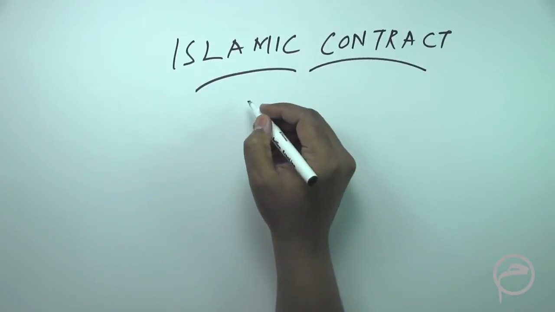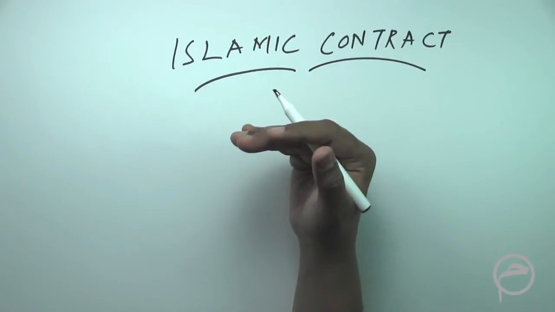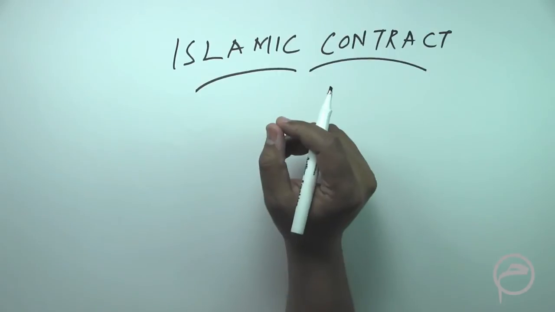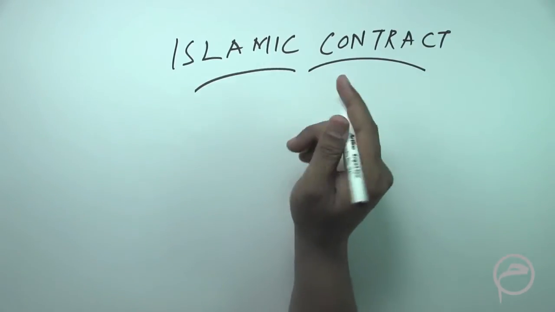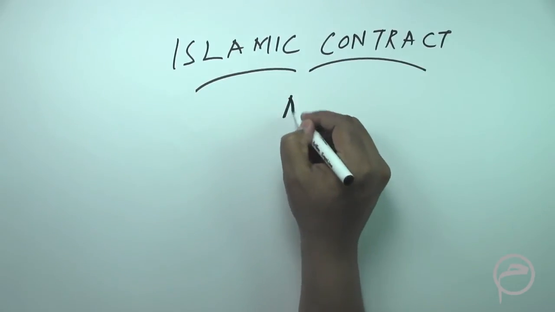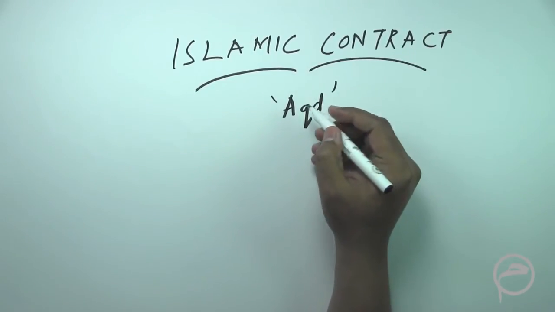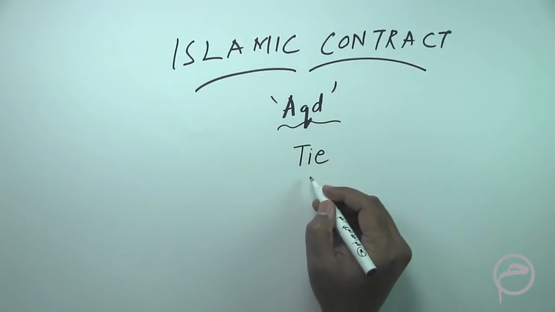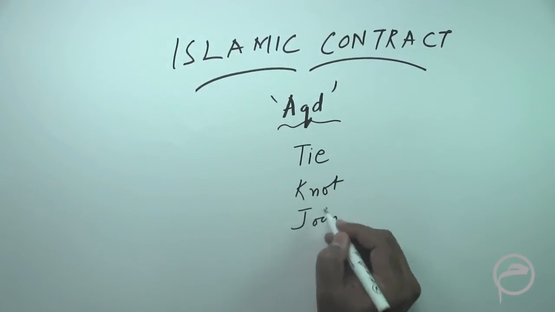Now, there are certain prerequisites of a contract, but before we go to that, we need to understand some terminology, definitions of words used in Arabic for a contract. The word in Arabic which is used for a contract is aqd. It means to tie, to knot or to join.